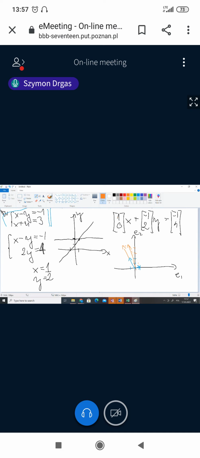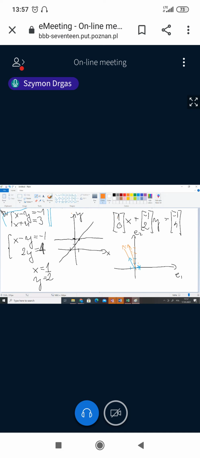So each vector has these two components, and E1 and E2 is just a notation for the axes that refer to these components, because we can't write X and Y like in this row illustration, but we need to use different names for these numbers. So I use E1 and E2.